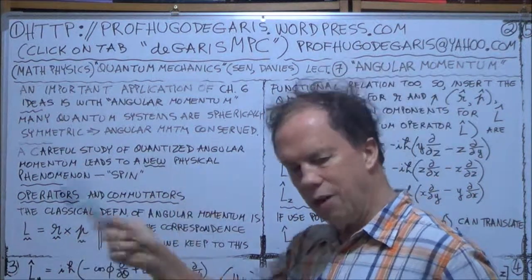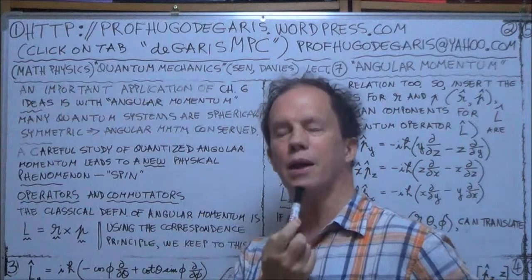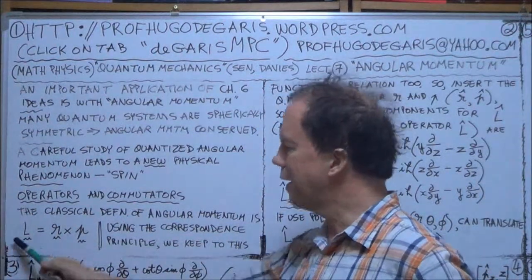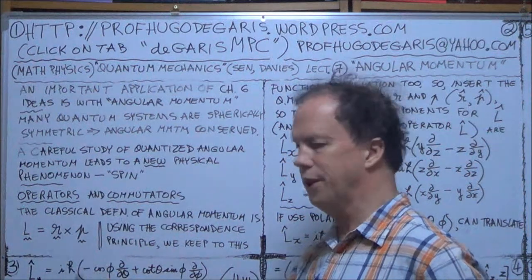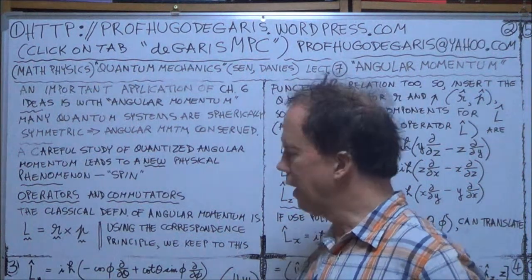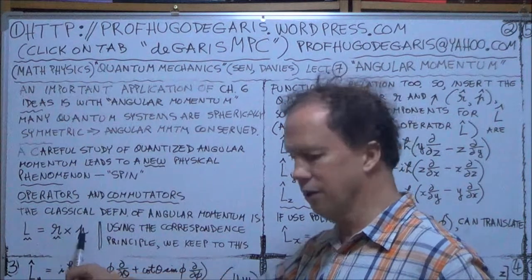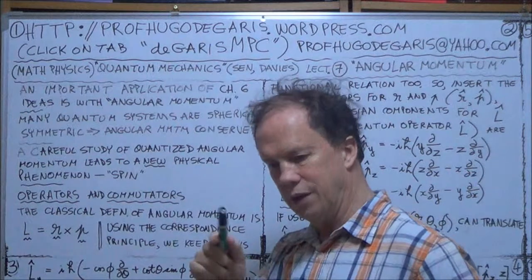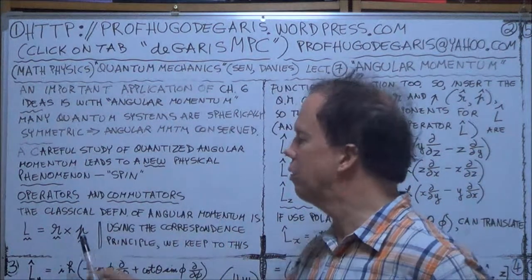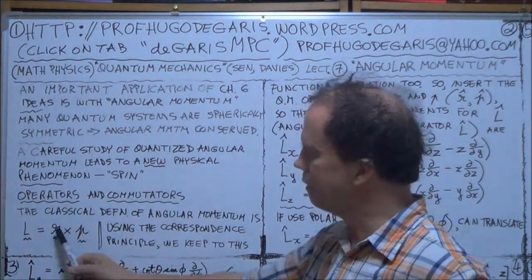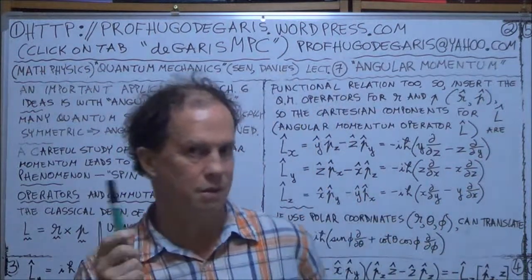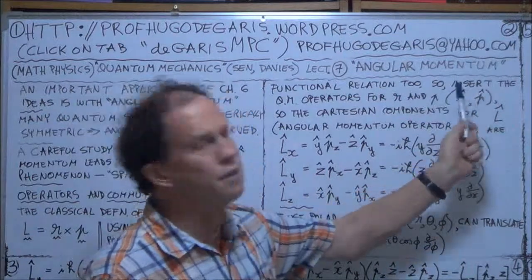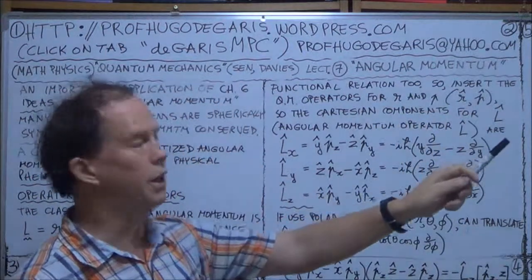Now we take a leap into quantum mechanics. We'll use this classical definition of angular momentum and try to find the quantum mechanical equivalent, using the classical one as a guide. So here's the main idea for that leap.